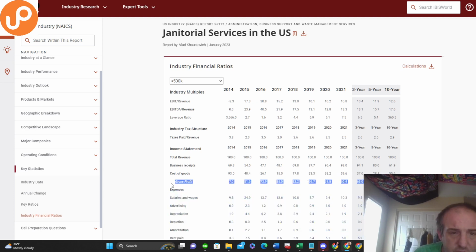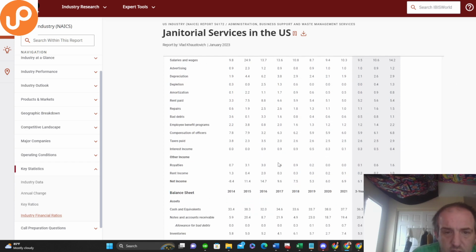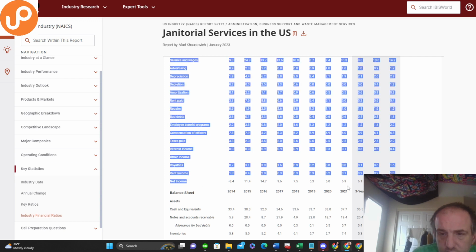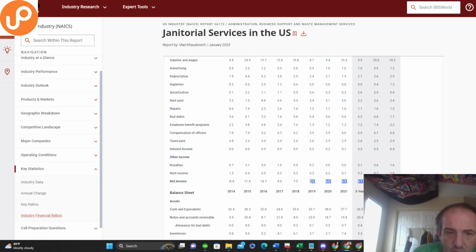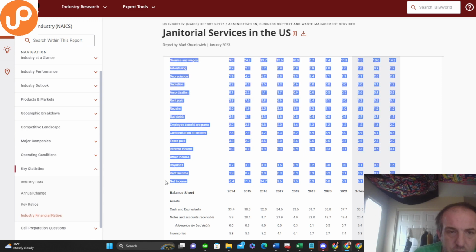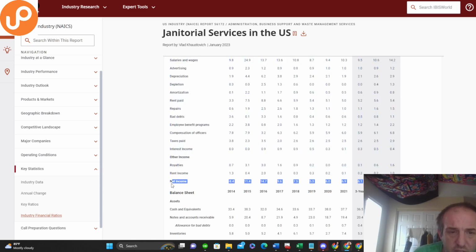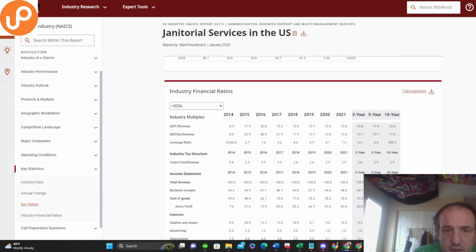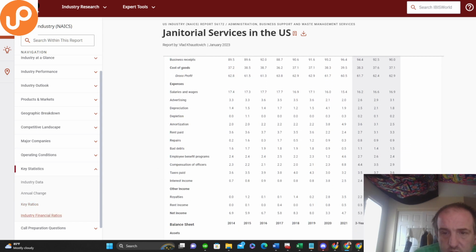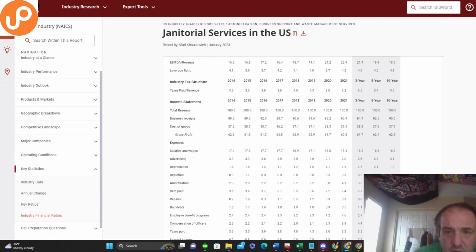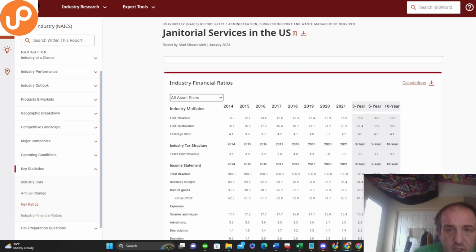Gross profit, which is right here. And then the net income, which is right here. So this 6.9 matches the 6.9 in other places. Notice this is for under 500K in assets. You can also do all assets, which has a 4.7 net income and 60.5 gross profit.